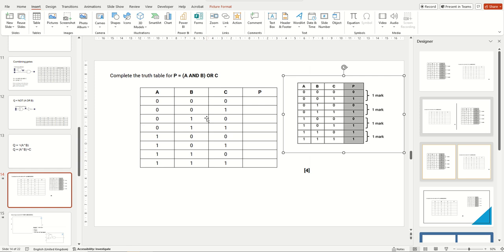You could actually write that in there, and then you would look to see whether or not that result of A and B is a 1, and if it is, P is going to be a 1, or anywhere where C is a 1 is going to be a 1 as well. And that's the answer.